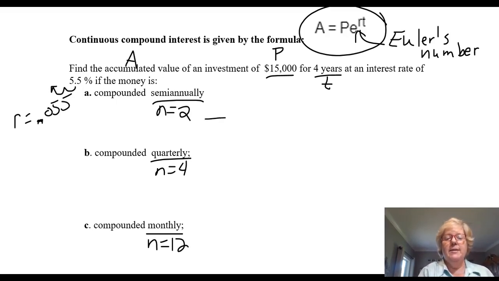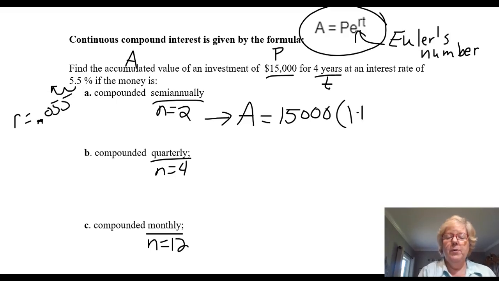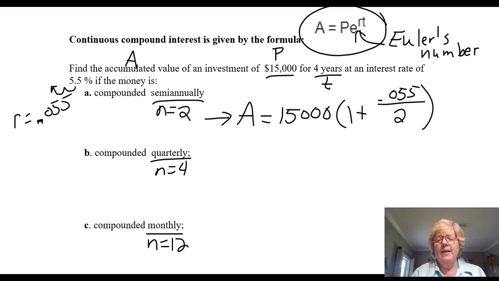Now let's go ahead and substitute this into our formula. It will first be A equals the principal, 15,000, times 1 plus the rate, 0.055, divided by the number of compoundings, and then as an exponent you will have the number of compoundings times the number of years.